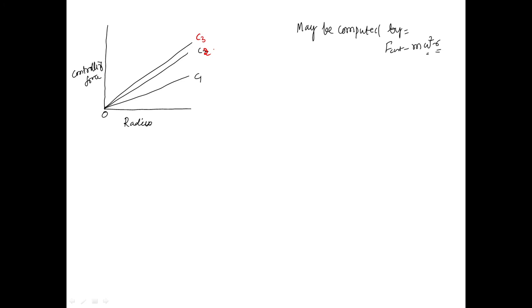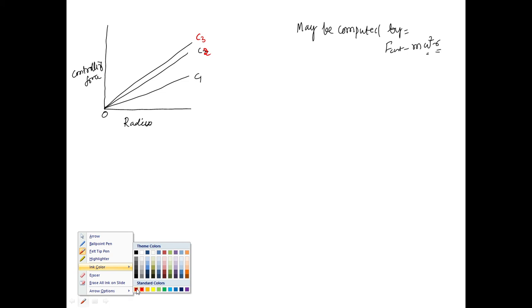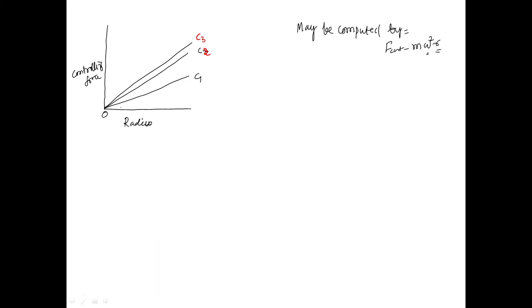Now the intersection of the speed curves with the controlling force curves. If you draw the controlling force with respect to the speed curve, you are going to get one more curve here. This curve is the controlling force curve neglecting friction.